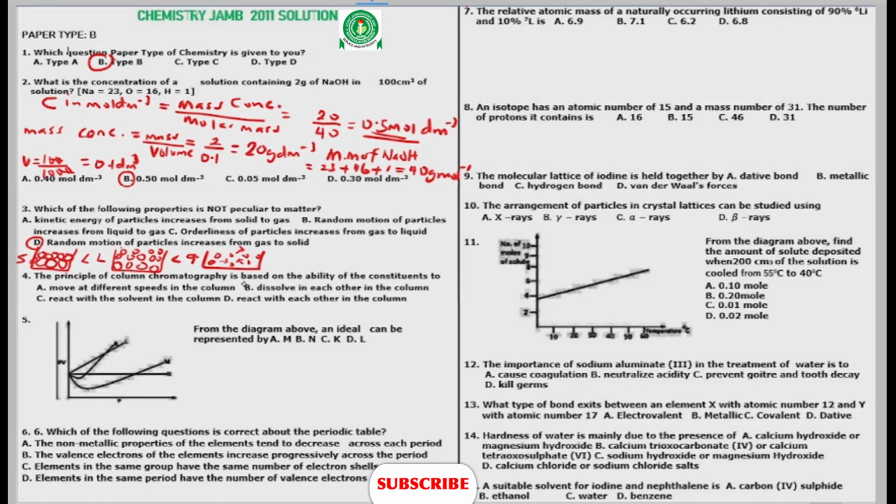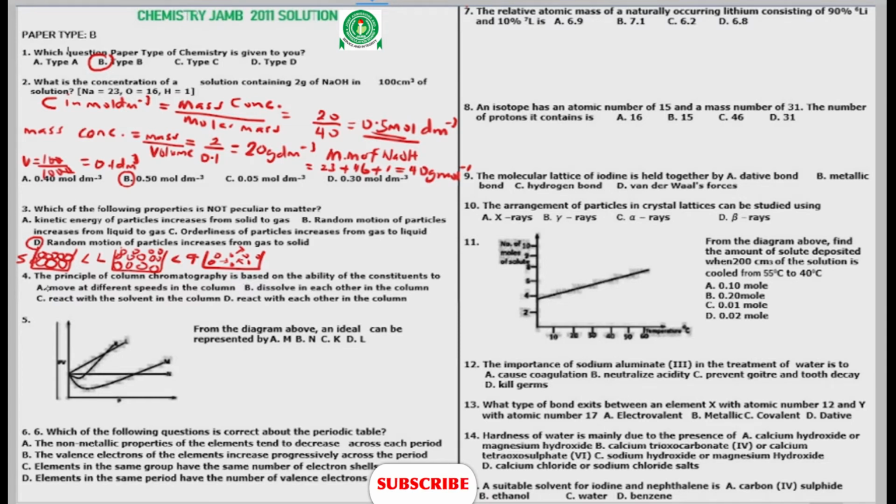The one that travels faster will be collected first, followed by the next one that is also fast. So they use the movement and speed of particles to separate a mixture in chromatography.